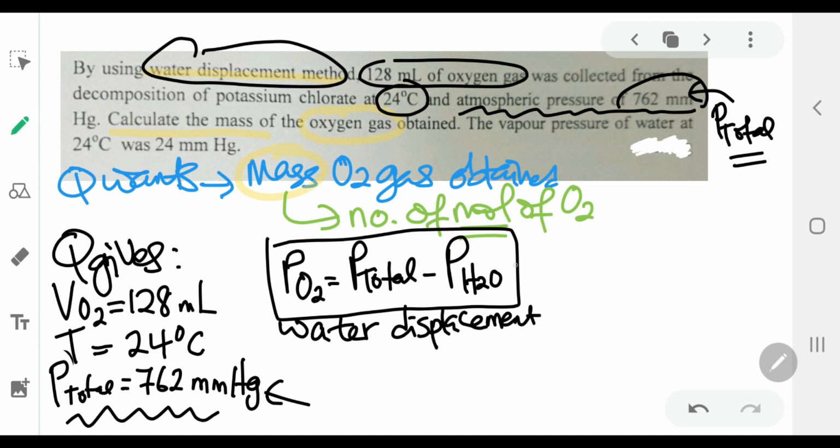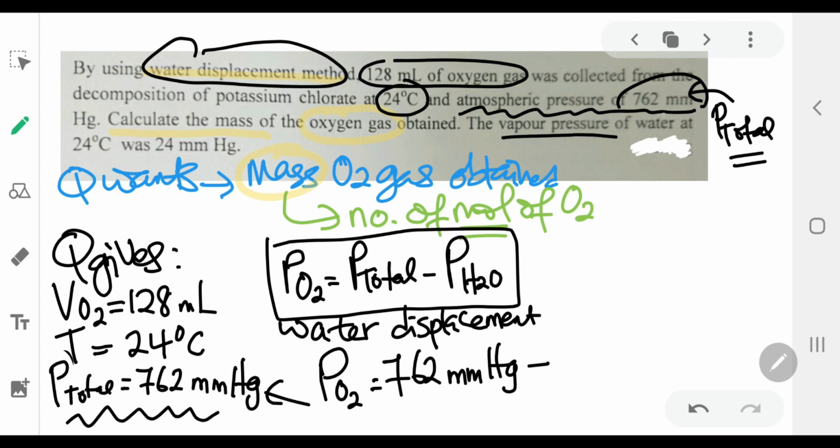Okay, so the partial pressure of oxygen is going to be 762 millimeter mercury minus what you have here. If you read further down the sentence, you have the vapor pressure of water is 24 millimeter mercury.